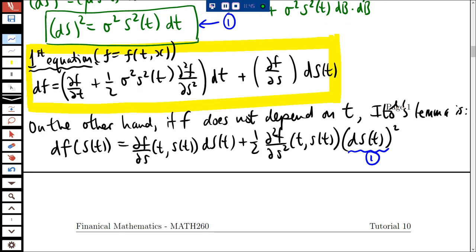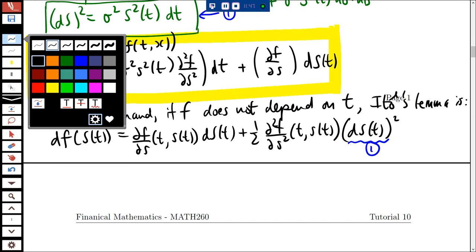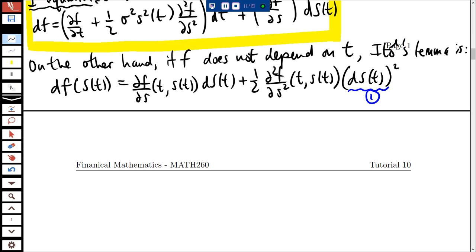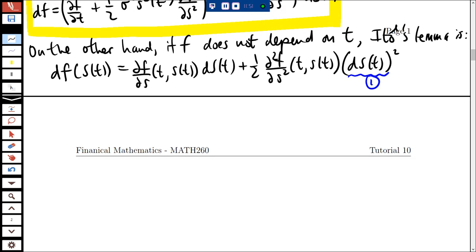This is going to give us our second important equation. What we find is df, which depends just on s, and s depends on t, but we're not going to worry about that.